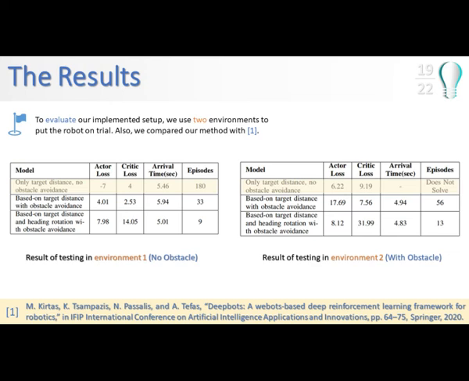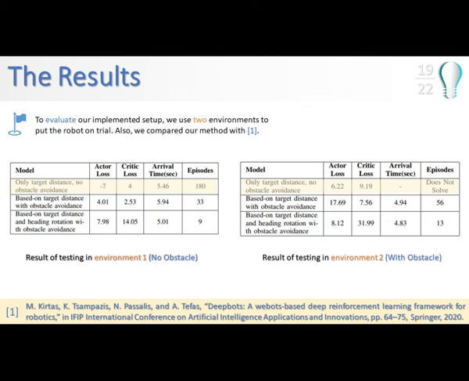For test environment 2, the referenced method does not solve the problem. Actually, it's kind of obvious because it does not contain obstacle avoidance, and we can see that it cannot solve the problem. We just used one of the reward functions that has been proposed in the reference, and for our second and third model, we can see that we have solved the environment using 56 and 13 episodes.